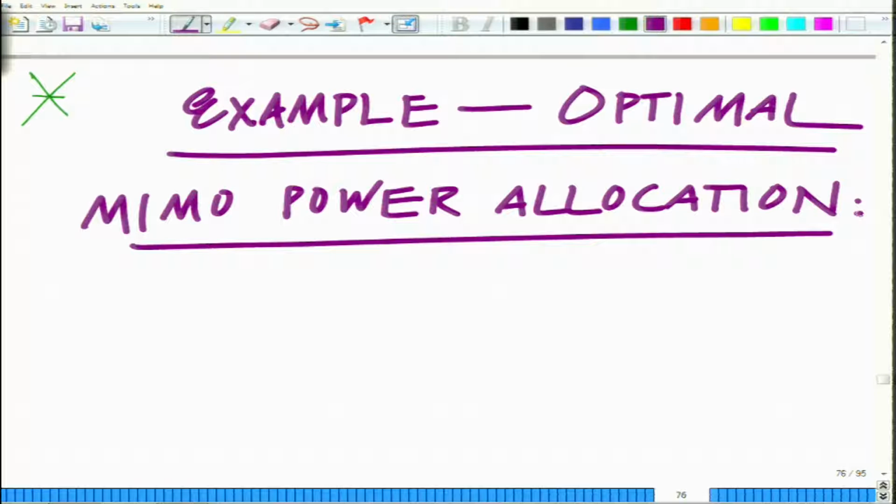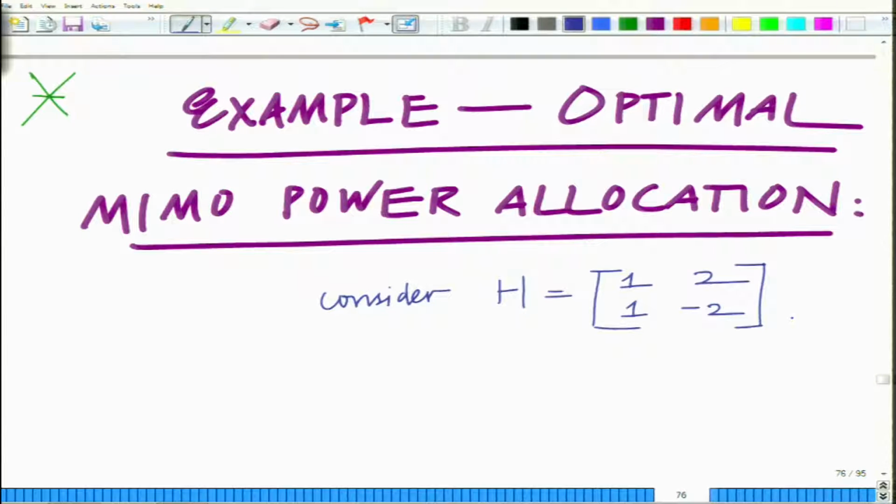Let us consider the following. Now, consider the MIMO system. Remember, each MIMO channel can be represented by the equivalent channel matrix. So, we have the channel 1, 2, 1, a very simple MIMO channel. Let us say this is our MIMO channel matrix.